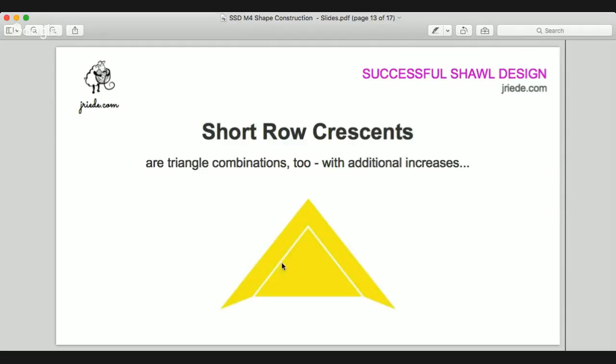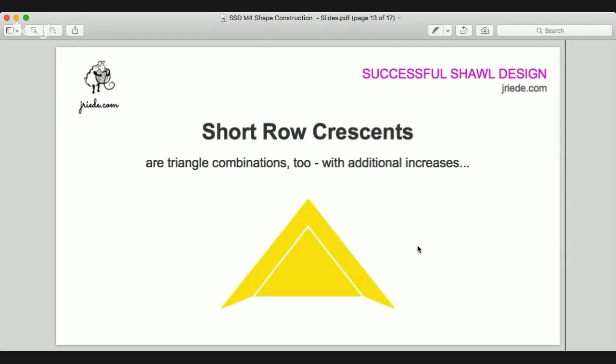So you have live stitches on both sides of the triangle here, and you work additional increases to form the crescent finally. But along with this shaping, as it is shown here, you would create this shape, not a crescent. So the question is, how does the crescent form?